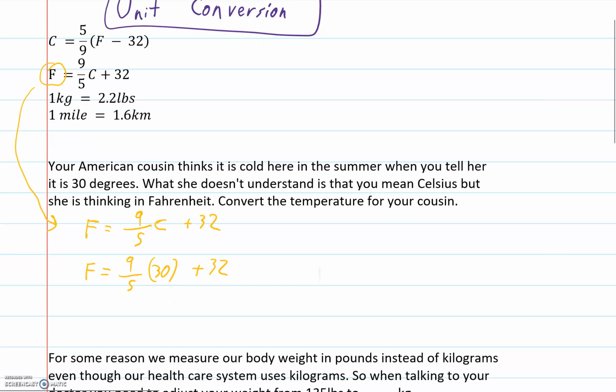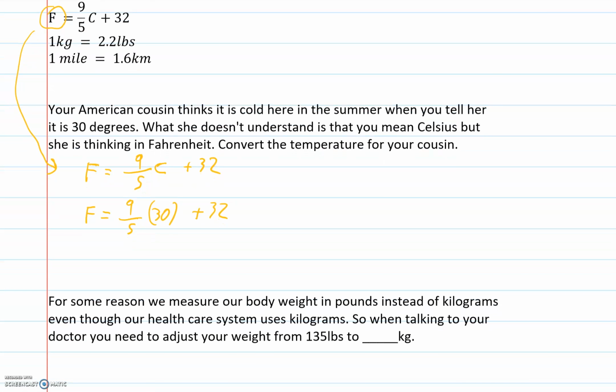Okay, so now what we need to do is we can plug the whole thing into our calculator now, or we can do one step at a time, whichever one feels better for you. I will do one step at a time. So this side here will go to 54, and this will stay 32, so we're just doing one step at a time.